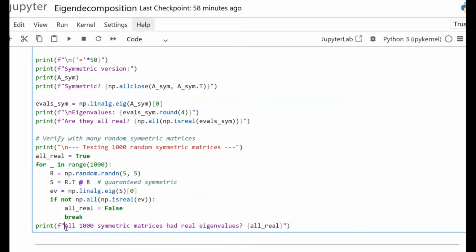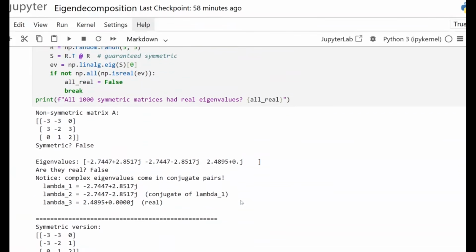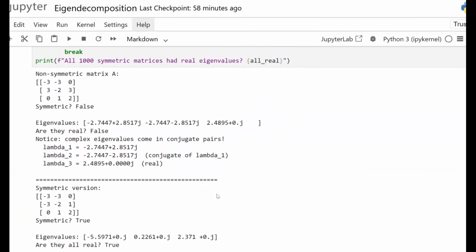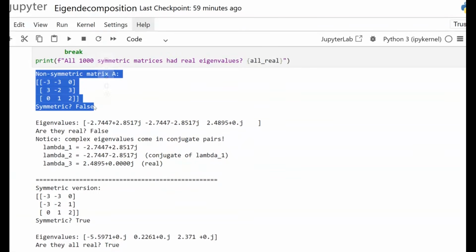This line checks the eigenvalues and confirms all eigenvalues are real, and all 1000 symmetric matrices have real eigenvalues, so it returns true. Let me execute. On execution, kindly observe, dear friends, this is the non-symmetric.